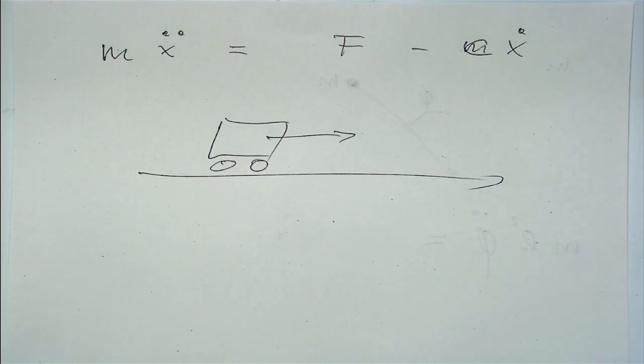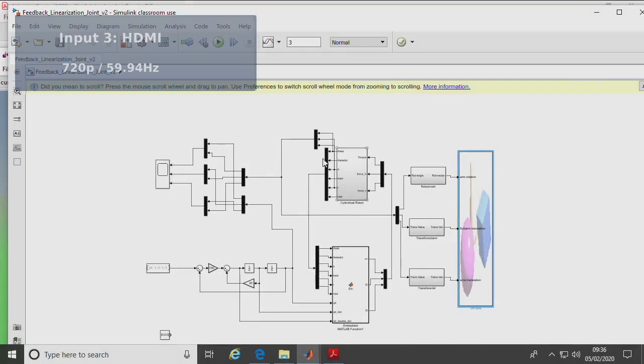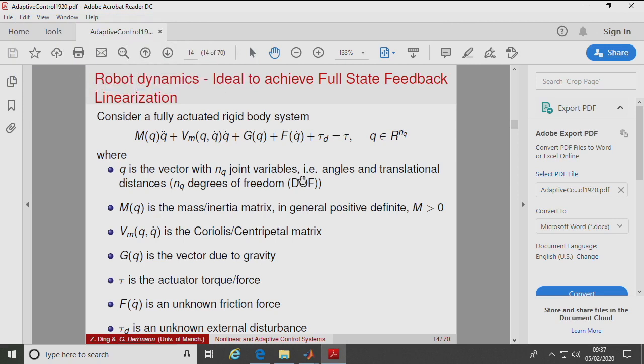So the idea is that we need to understand now, because in general this mass matrix depends on the position vector of a robotic system, and also the Coriolis matrix depends on the position vector and the velocity vector of a robotic system, and the gravity also depends on the position.